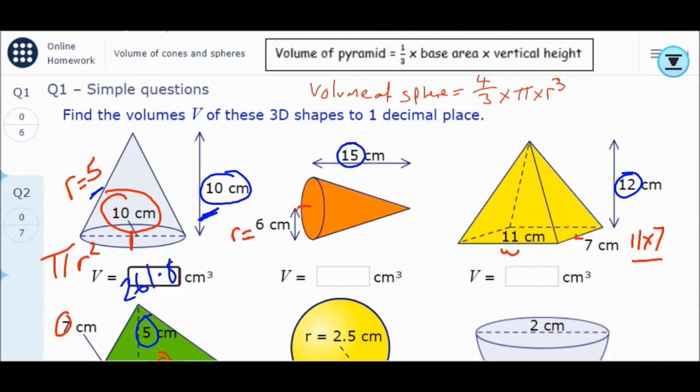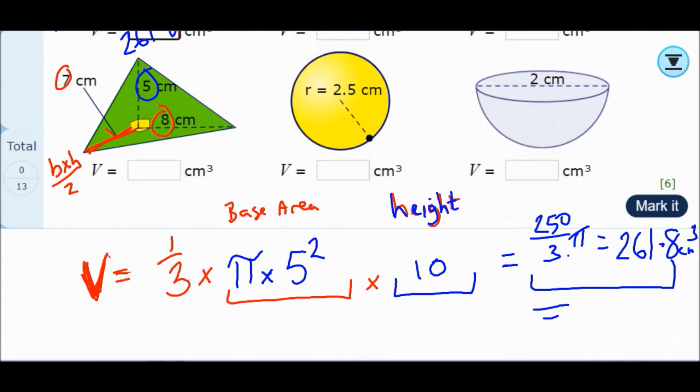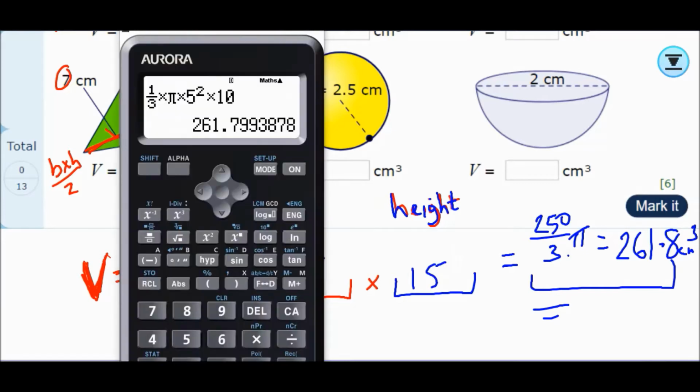Looking at number 2, again my radius is 6, my height is 15, but everything else is going to stay the same. So all I'm going to do is take out the 5, my radius, which is now changed to 6, and my height isn't 10 anymore, it's 15, but I can do the same calculation. Go back up here, my radius is now 6, my height is now 15.